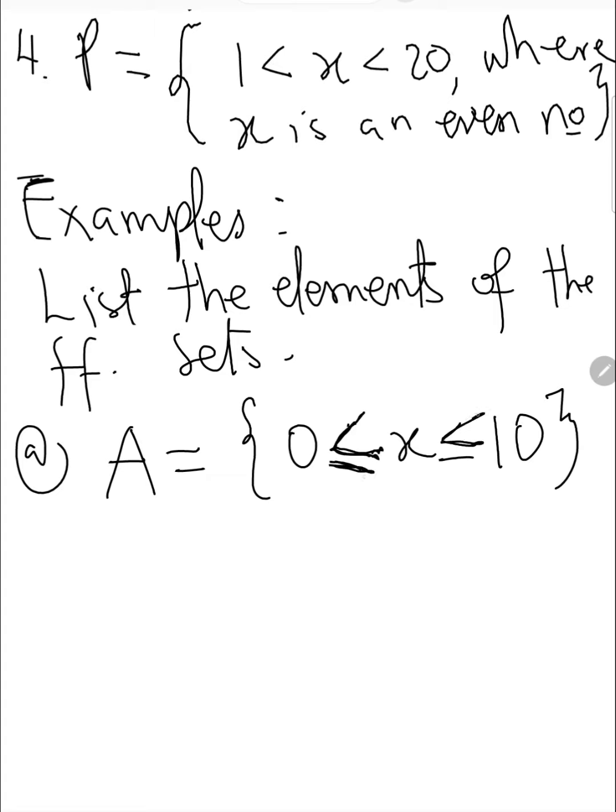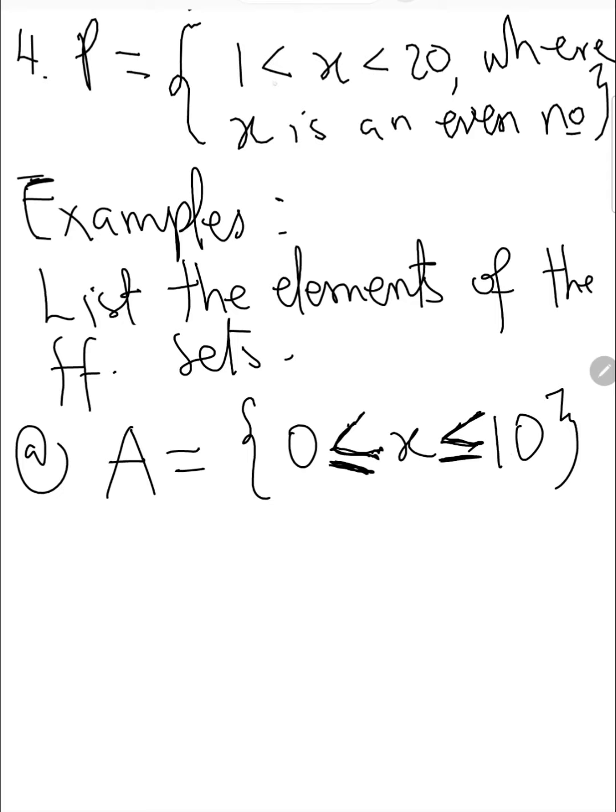Greater or equal to, or less or equal to. So once we have this, then what it means is that x is greater or equal to 0 and x is less or equal to 10. What it means is that 0 and 10 are inclusive.